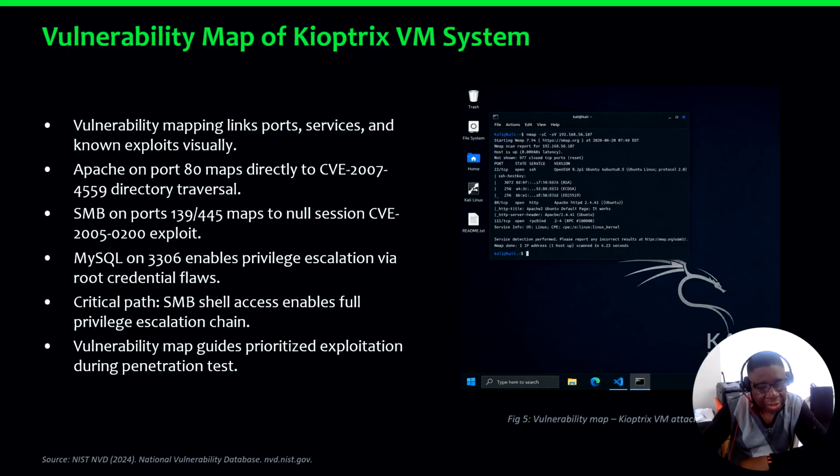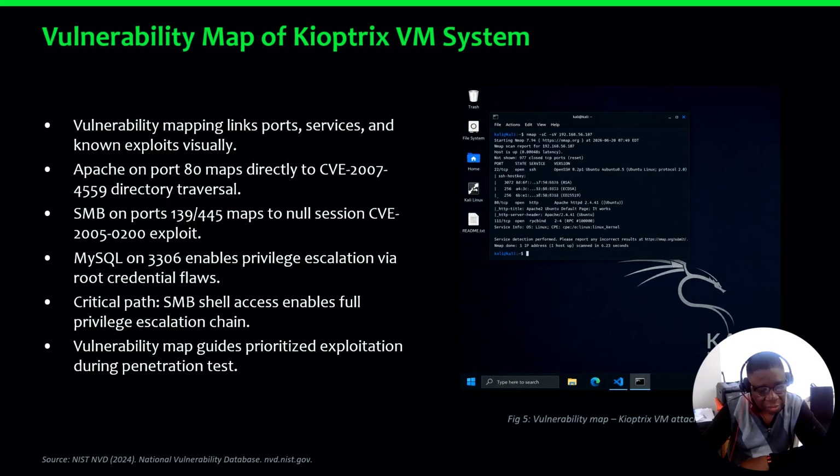Vulnerability map of Lab3's VM system. The vulnerability mapping links ports, services, and known exploits visually. Apache on port 80 maps directly to CVE-2007-4559, directory traversal. The SMB on ports 139/445 maps to the null session CVE-2005-0200 exploit.